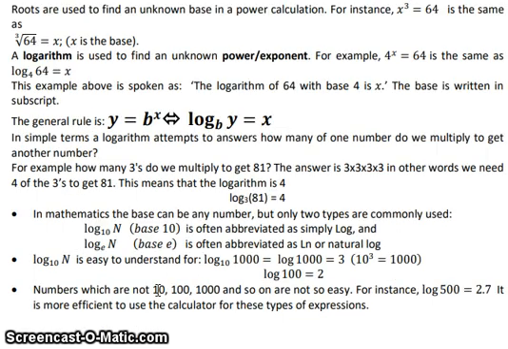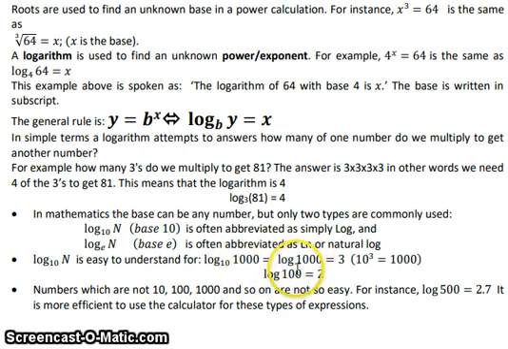In mathematics, the base can be any number, but only two types are commonly used: log base 10 and log base e. Base 10 is often abbreviated as simply log, and base e is often abbreviated as ln or natural log. Log base 10 is easy to understand for 10, 100, 1000.